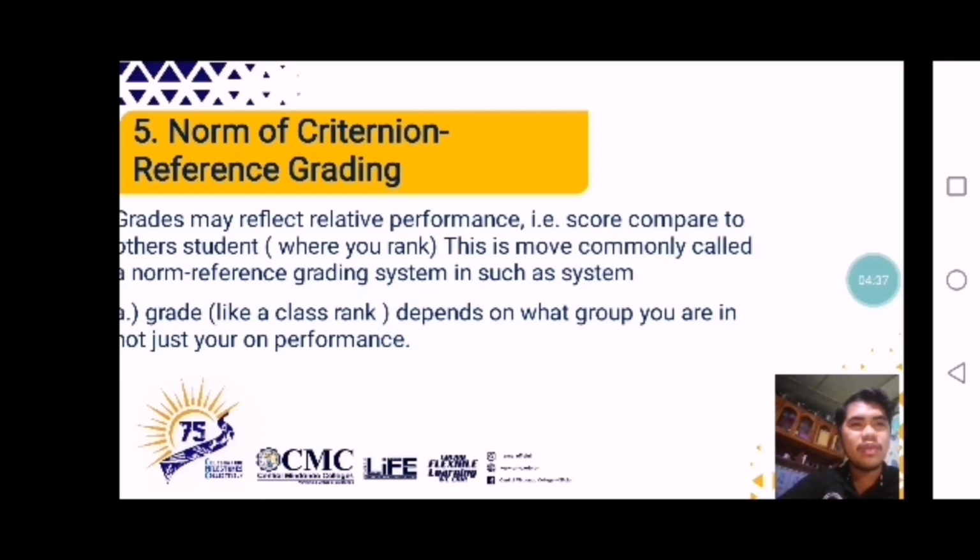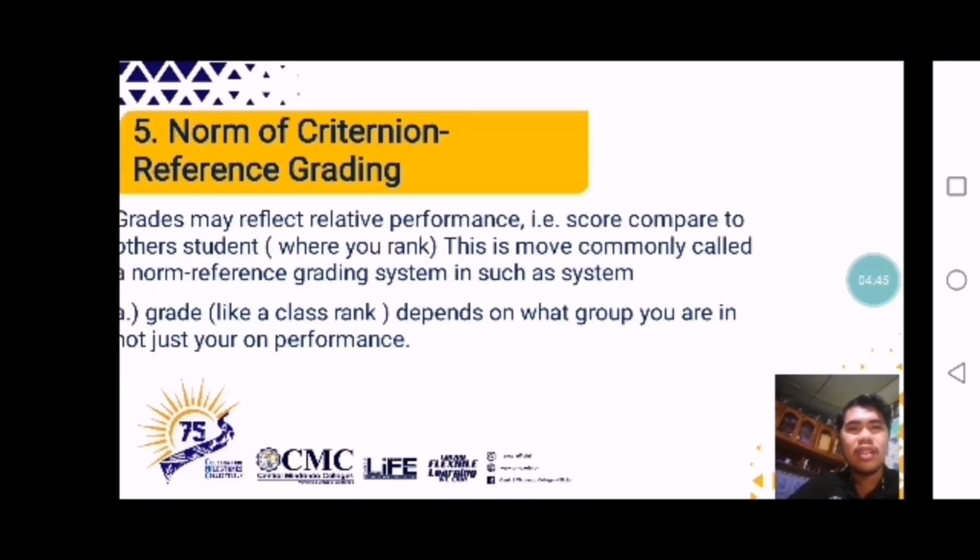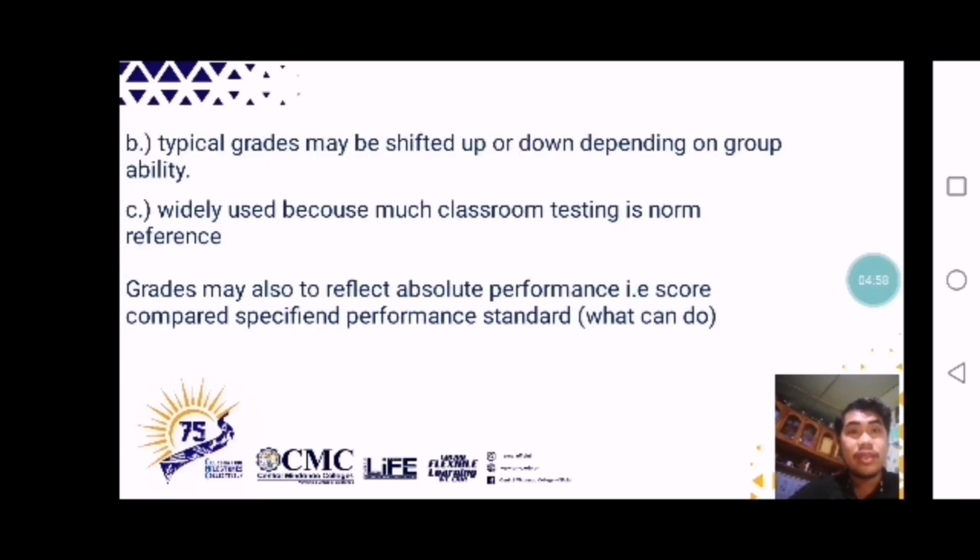This is more commonly called norm-referenced grading. Letter A, like a class rank, depends on what group you are in and not just your performance. And letter B, typical grades, B shifting up or down depending on group ability.